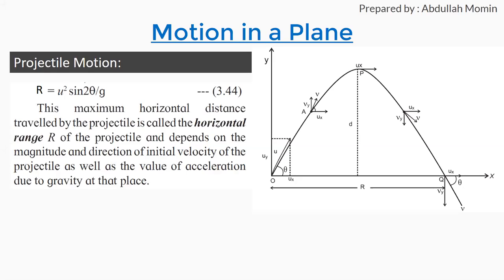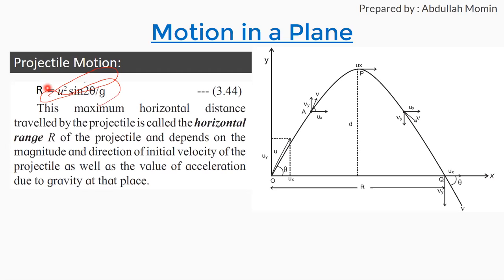So in our previous lecture we have studied the maximum range, that is R is equal to u square sin 2 theta divided by g.